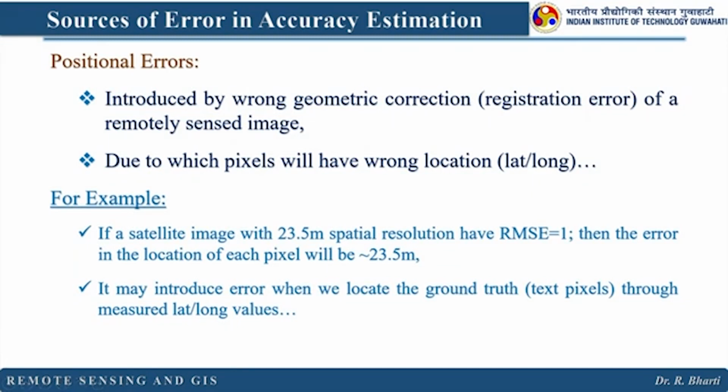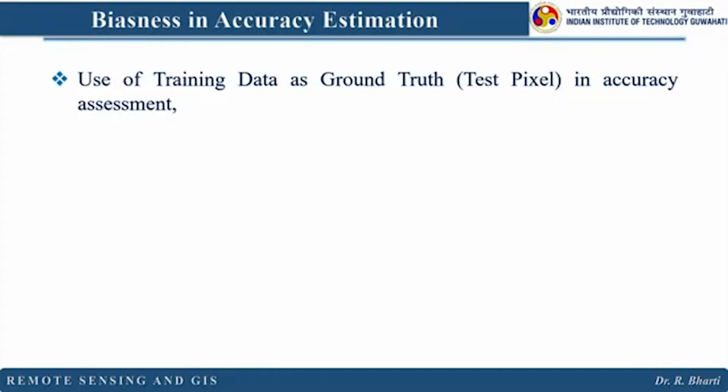in the correction methods. Now there are a few biases in accuracy assessment, like use of training data as ground truth in accuracy assessment. So if you have used the same data as your training data and the ground truth, then what will happen? You will have more accuracy, because the same information is used for classification and the same information has been used for accuracy.